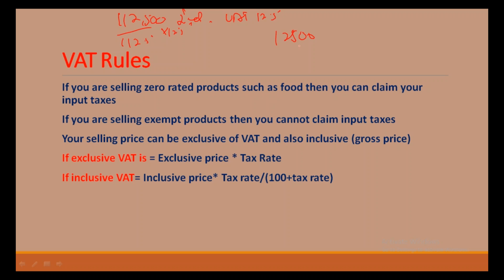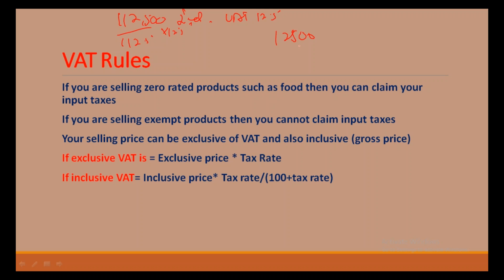Yeah. Including the VAT. Sometimes the examiner might say you sold it for 112,500 excluding VAT. In that case, you have to add the 12.5% as VAT.